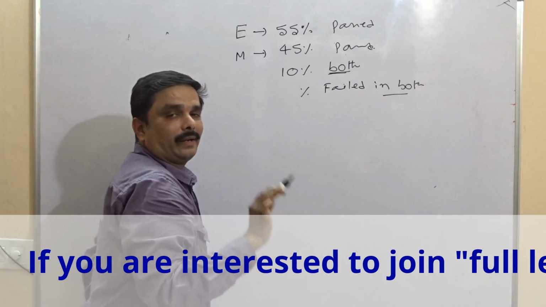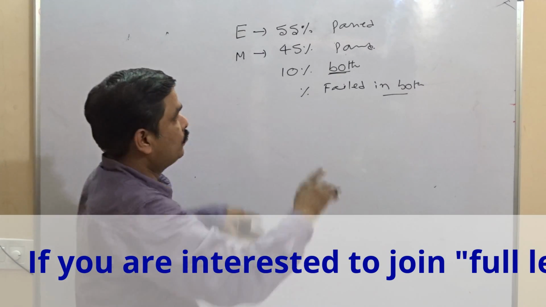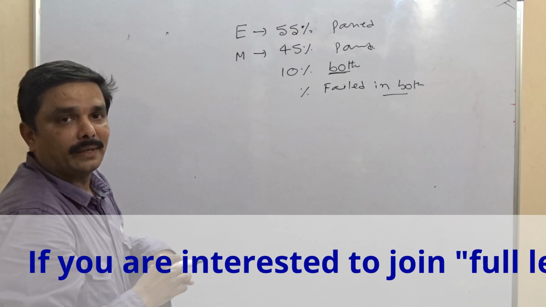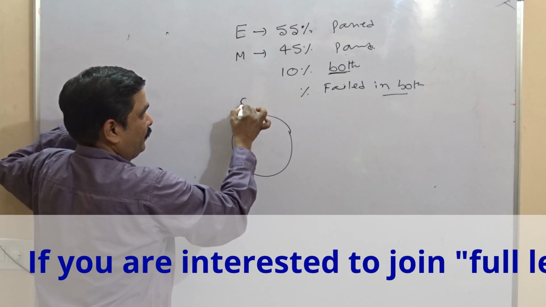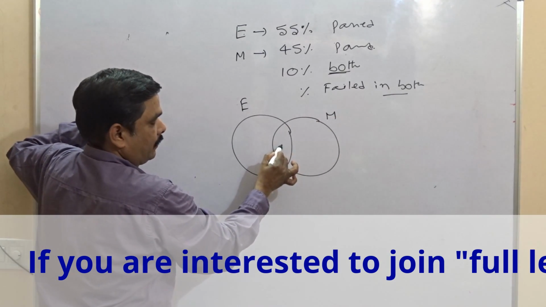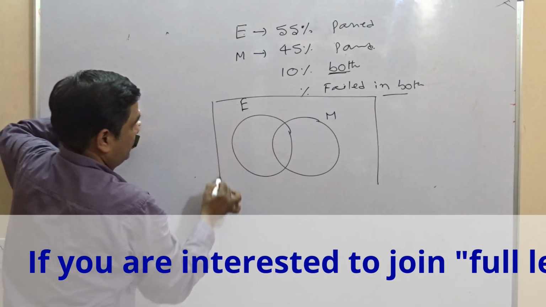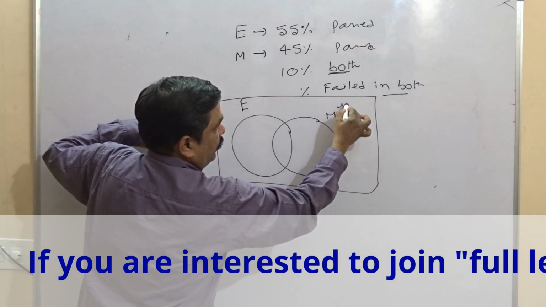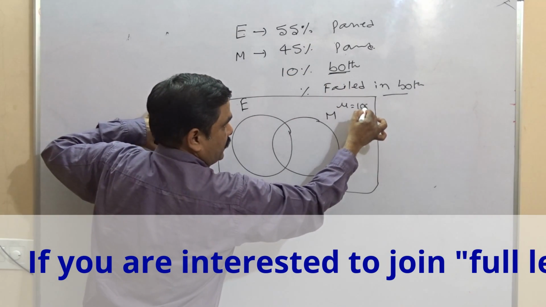I can directly use the sets chapter for this one. Very simply, I'll go with the Venn diagram. I am taking this one as English, and this one as maths. Since there is a common portion, I'll go for intersection. Then I'm taking this as mu. When they have given in percentages, obviously mu becomes 100%.